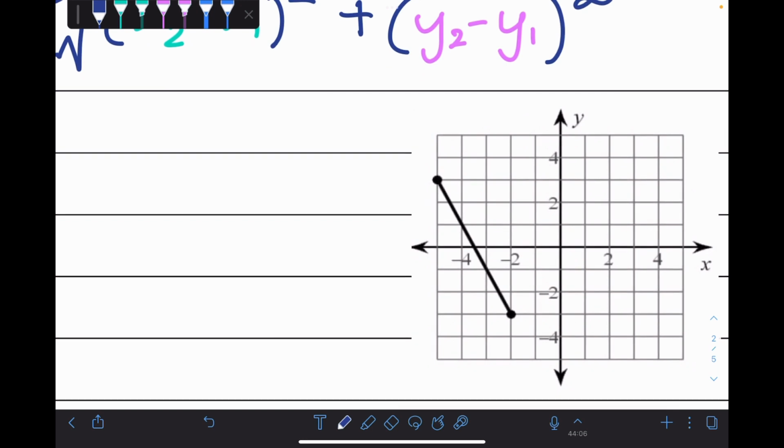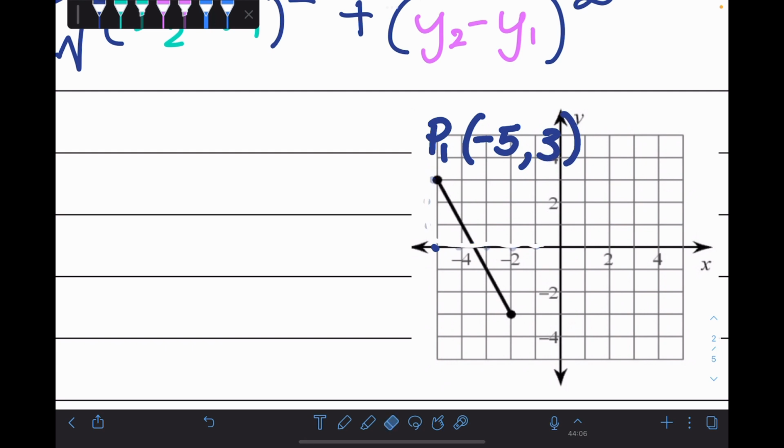So, I'm going to call this one P1. So this is how many across? 1, 2, 3, 4, 5. But it's in the negative direction, so -5. And how many up? 1, 2, 3. 3 up. There you go, -5, 3.